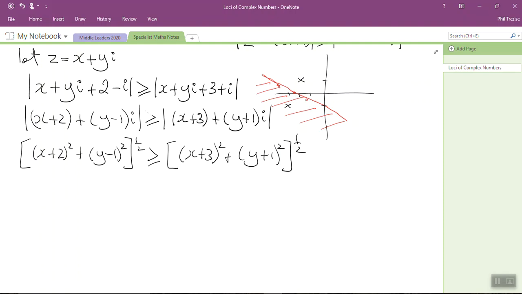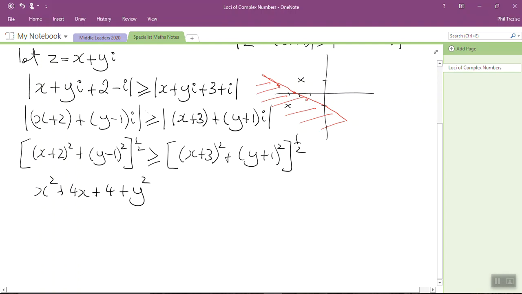Then I could expand out these brackets which are here. So x squared plus 4x plus 4 plus y squared minus 2y plus 1 is greater than or equal to x squared plus 6x plus 9 plus y squared plus 2y plus 1.